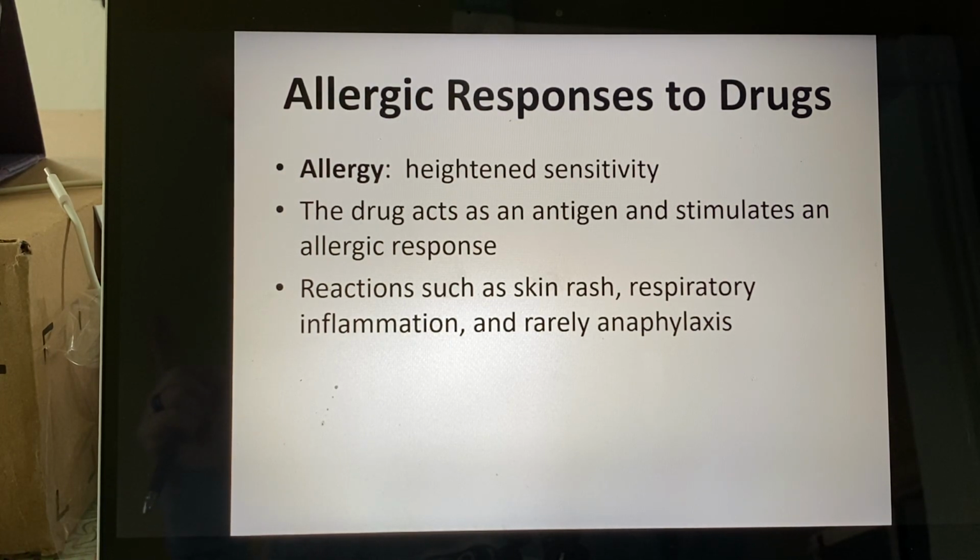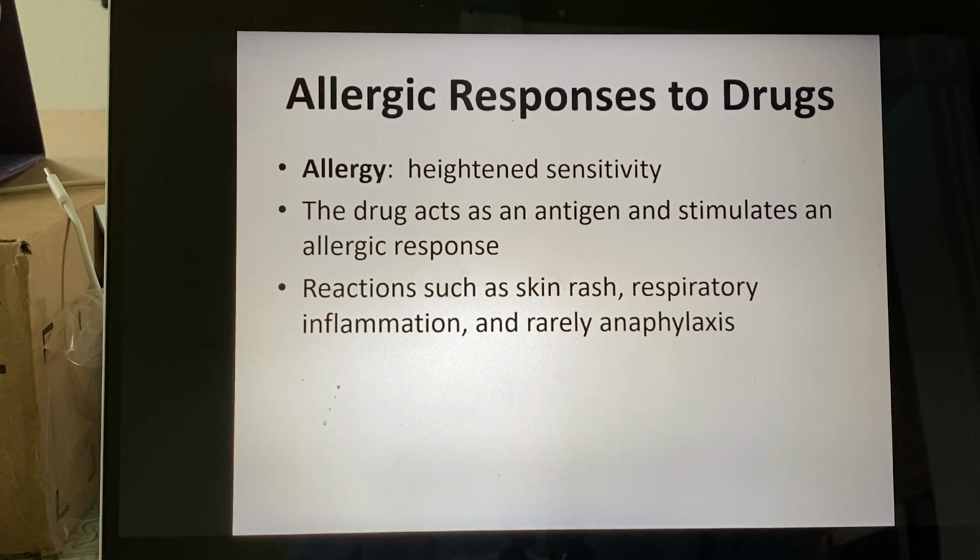So instead of just being like, oh, hey, there's a drug molecule, for some reason, in people with allergies, their cells freak out and put out this huge allergic response to a drug. The drug is acting as an antigen, and an antigen, which we'll discuss in depth in chapters 16 and 17, is something that stimulates the immune system to react.